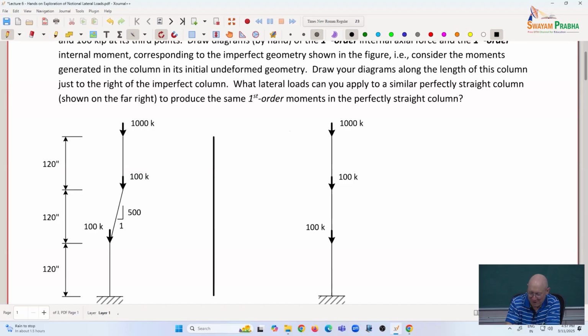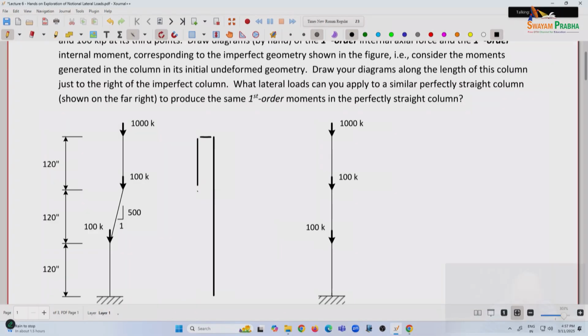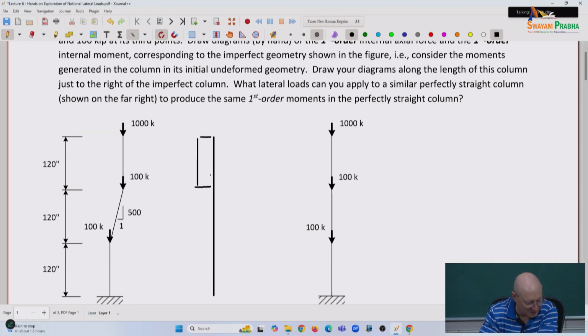You would say that axial force is 1,000. And then if we go to the next level down, we have another 100 kips or kilonewtons coming in here. So if I'm doing a column axial load diagram, I'm getting 1,100 here. And then the next level down, I've got 1,200.